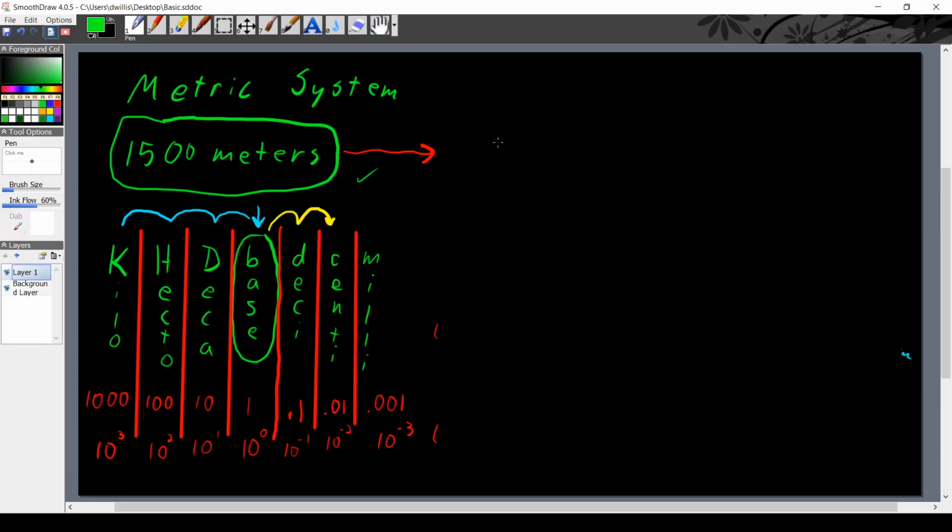Just a couple of others that you may run into. A micrometer is actually 10 to the negative 6th meters.